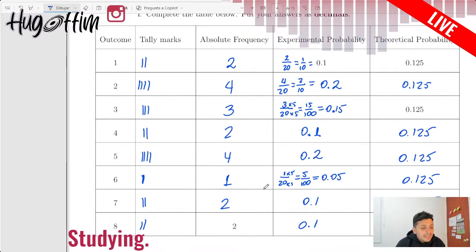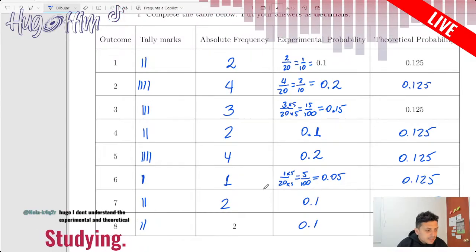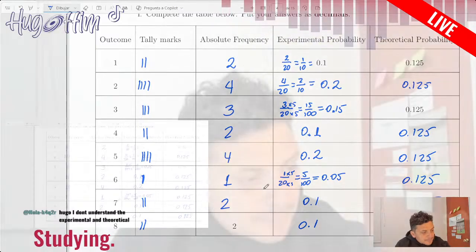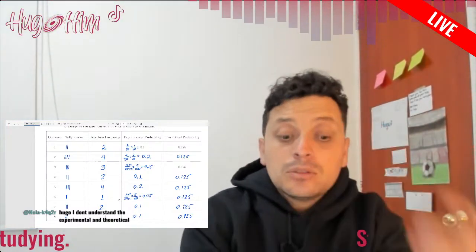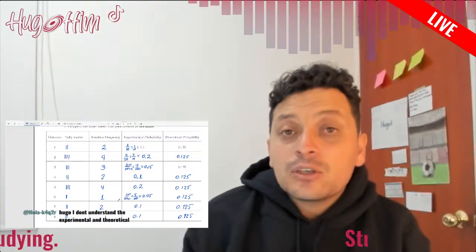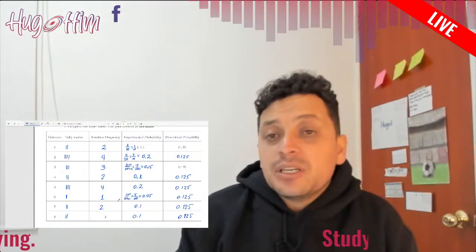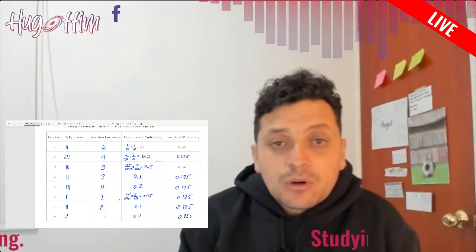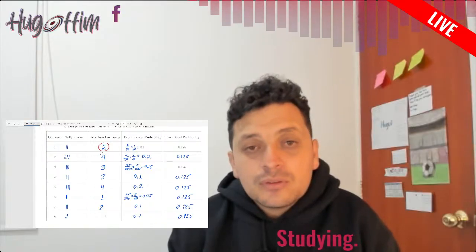Now, the experimental and the theoretical probability. Experimental probability is when you perform a random experiment, and this random experiment is about calculating with a frequency. In this case, you roll the spinner many times, and by rolling the spinner many times, you have some answers that are collected in this absolute frequency.